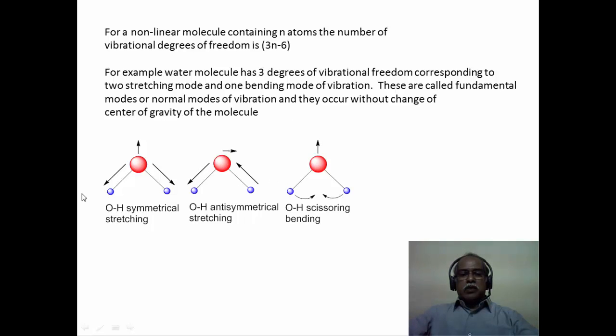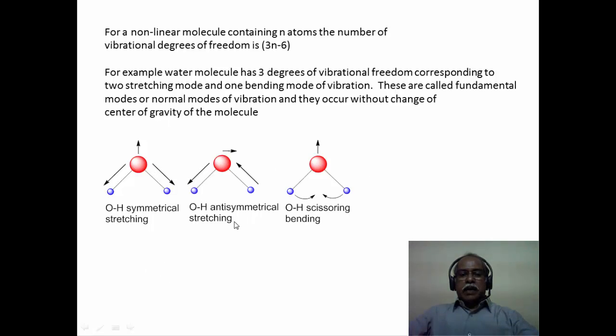If we consider these 2 stretching modes, this is a symmetrical stretching of the OH bond. In other words, this is called symmetrical stretching of the OH in terms of the stretching frequency that one can observe for the water molecule. Here in the symmetrical stretching, both the bonds, namely the OH bonds, are either elongated or compressed simultaneously, and in order to maintain the center of gravity, the oxygen also displaces itself from this position so that the center of gravity remains the same in all of these normal modes of vibration.